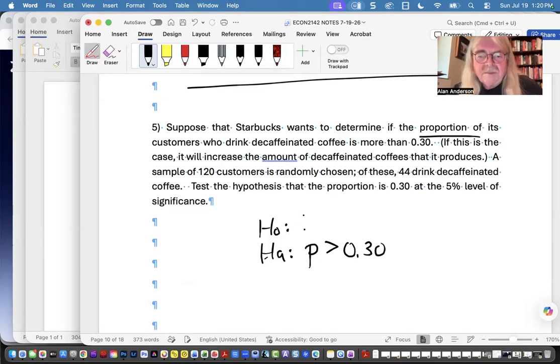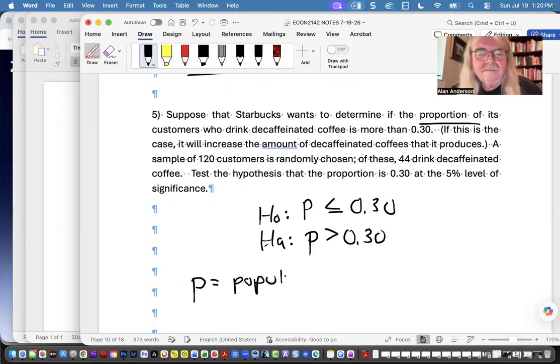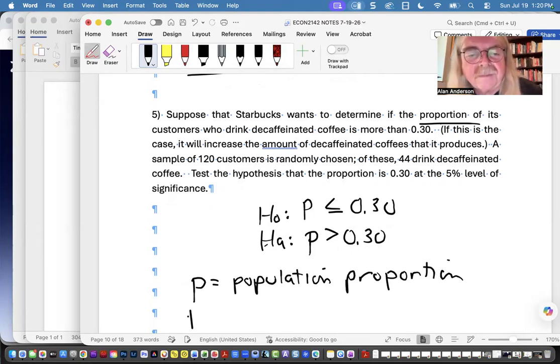Oh, that's right, the p. So just a quick reminder that the book's notation is this. p for population proportion, p bar for sample proportion.